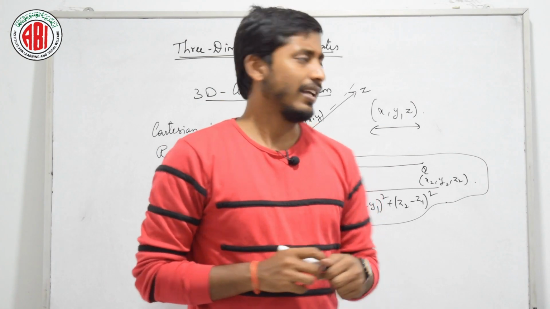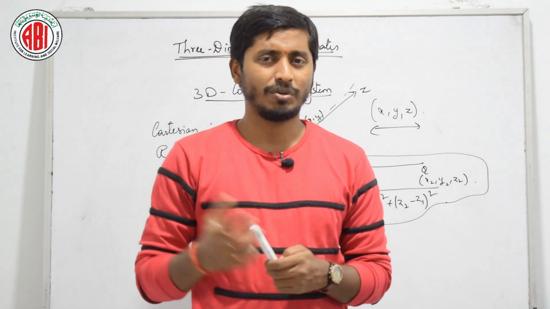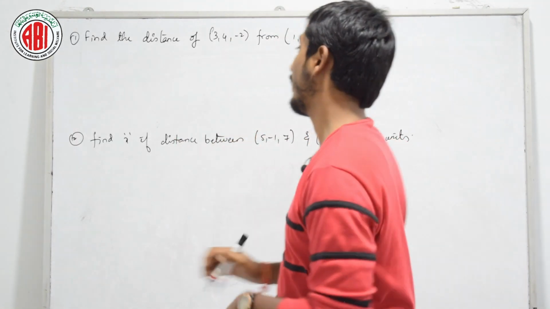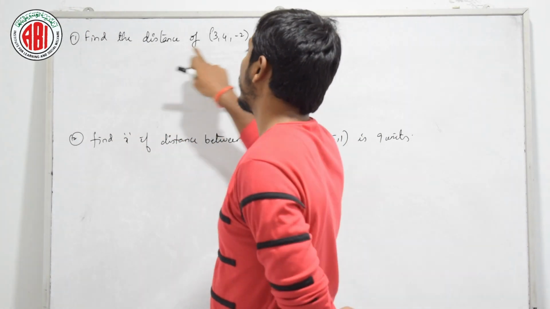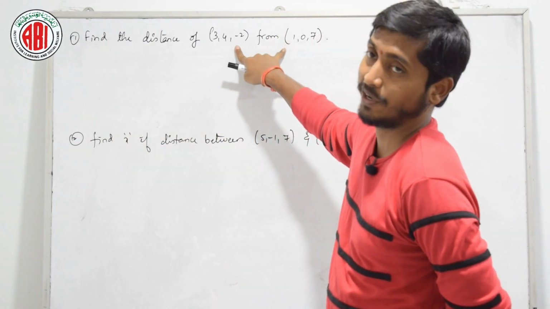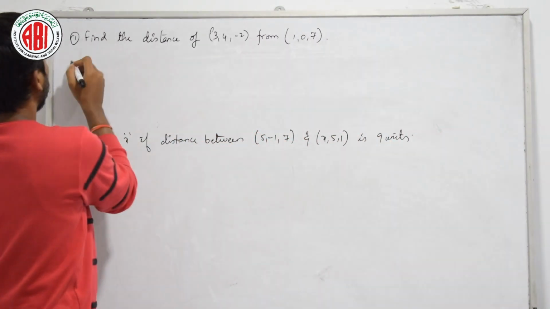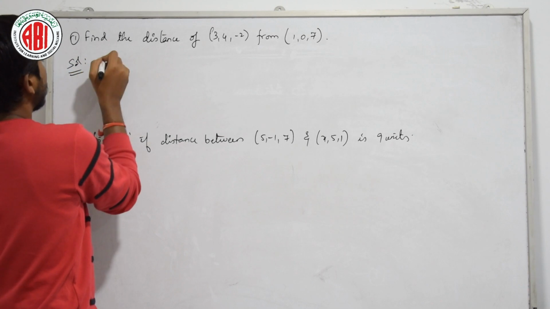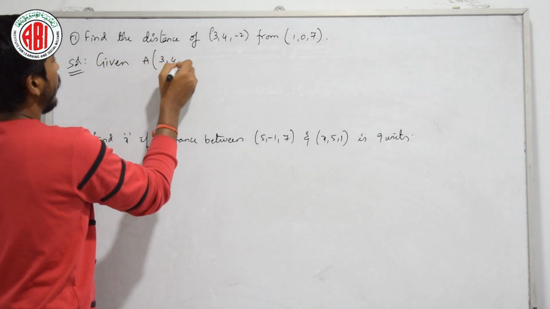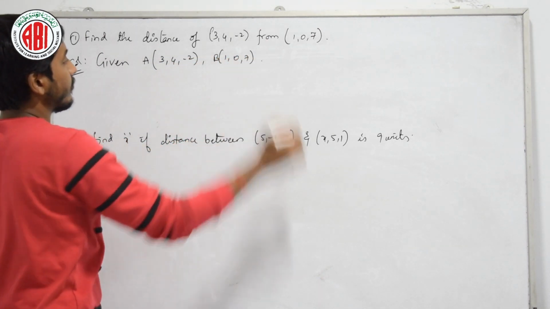Did you understand? Let's have a few problems on this, then we will go to the next formula. Now see here, the question given here asks us to find the distance of this from this, which means we have to find the distance between these 2 points. Let's write the formula. Let us assume A as 3, 4, minus 2 and B as 1, 0, 7.